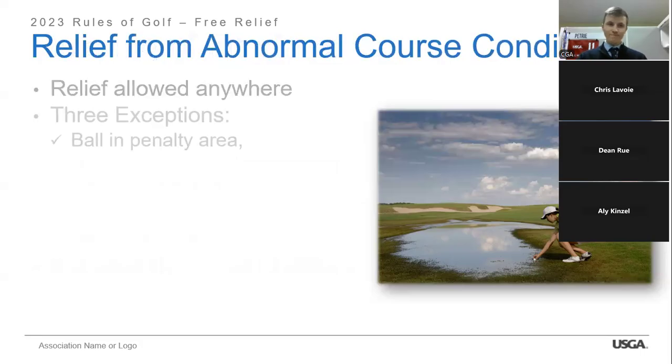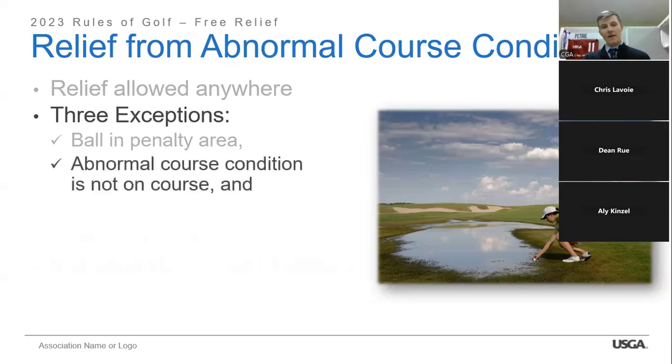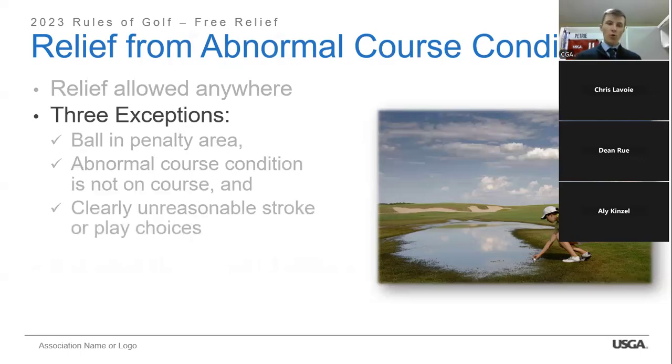Relief is allowed anywhere except when our ball is in the penalty area, that abnormal course condition is not on the course, and that stroke is clearly unreasonable. So, of course, if our ball's in the penalty area and it's plugged or we have wet ground or these conditions exist, we're not going to get relief.